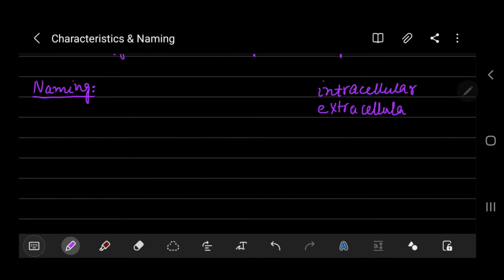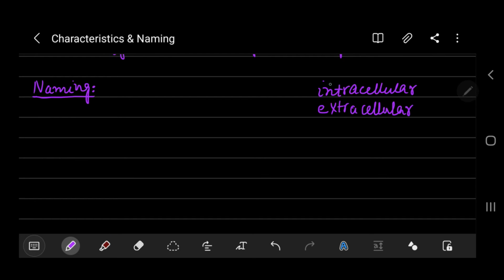So these are the two major groups in which we divide the enzymes. Examples of intracellular enzymes include DNA polymerase and DNA ligase, and examples of extracellular enzymes include the digestive enzymes and lysozyme, the enzyme in tears.